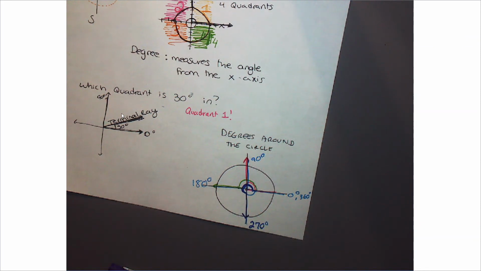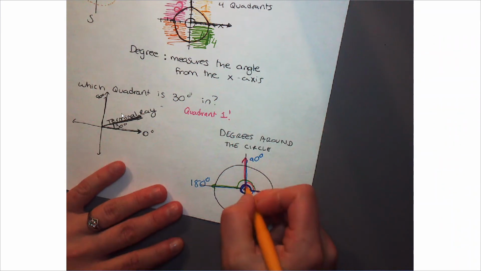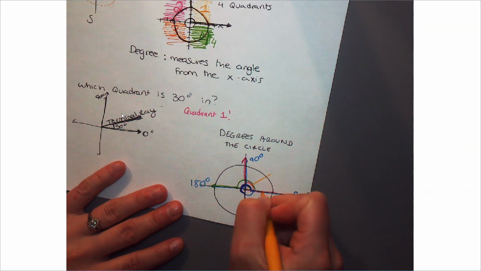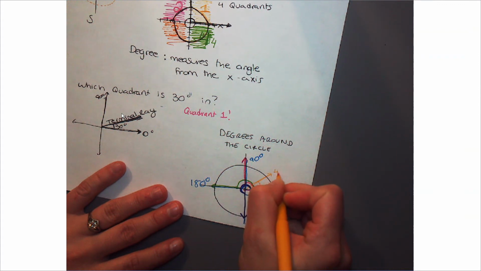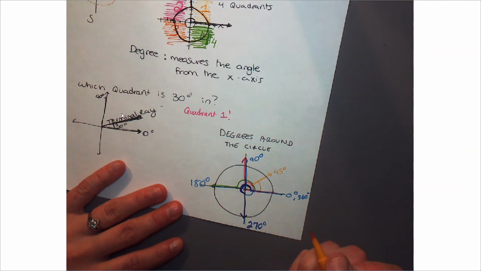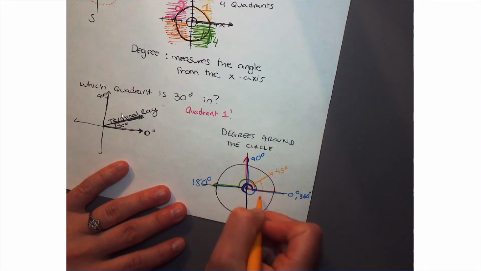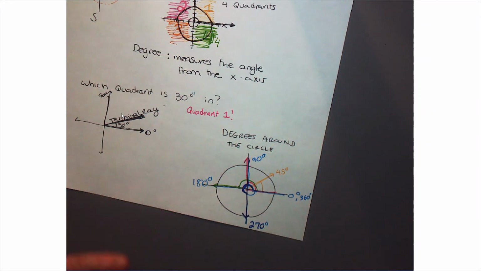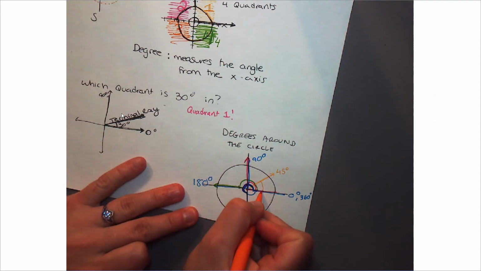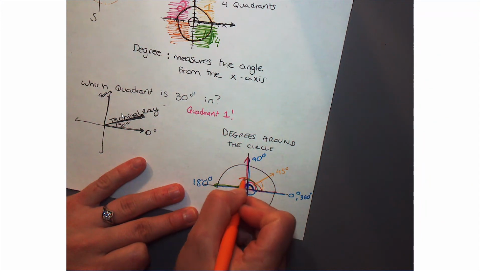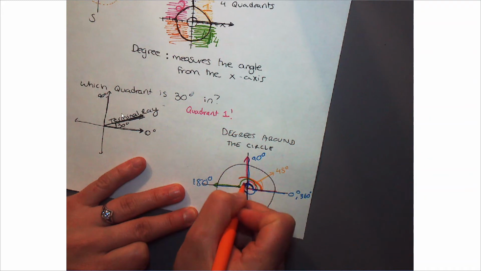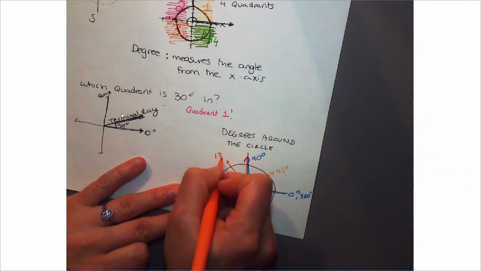If we wanted to be more granular and get some more points, we know this right here would be 45 degrees. Let's go another 45 after 90: 90 plus 45 is 135, so 135 would be right here.